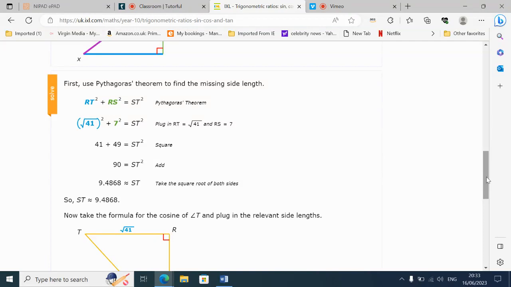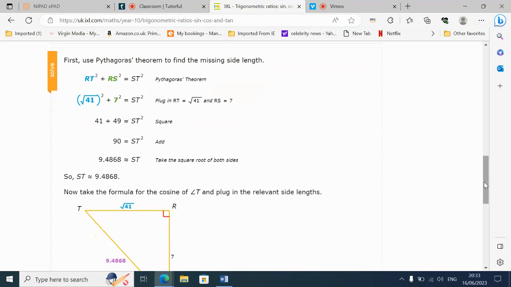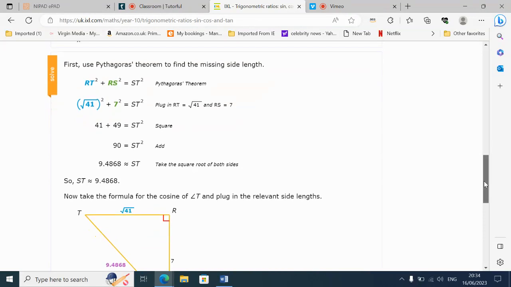Take the formula for the cosine of LT and plug in the relevant side lengths. Okay. I'm just writing on the side. So just plug in RT equals square root of 41 and RS equals 7.